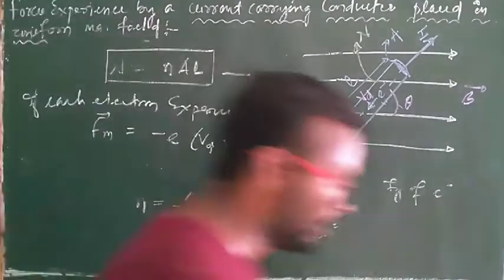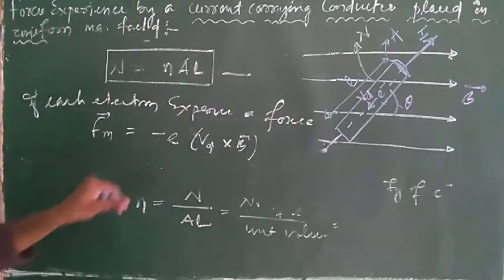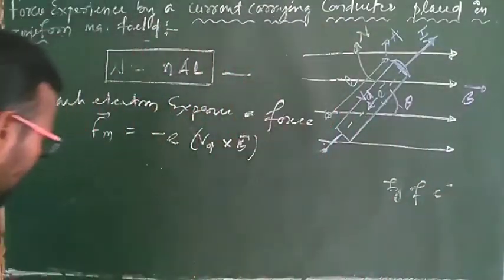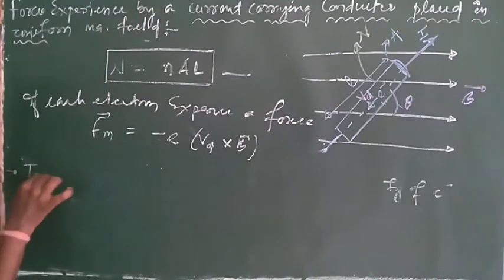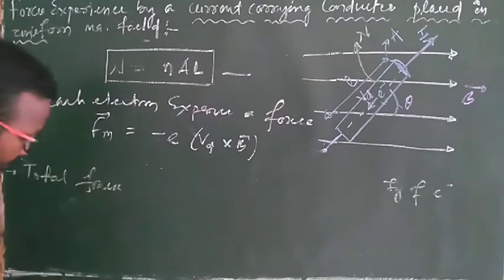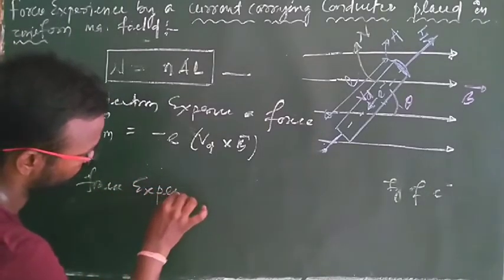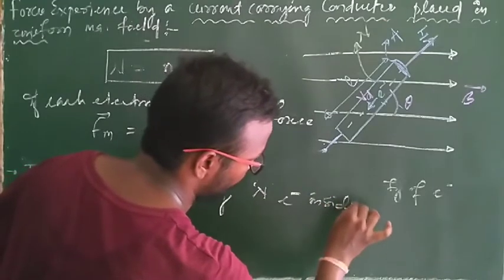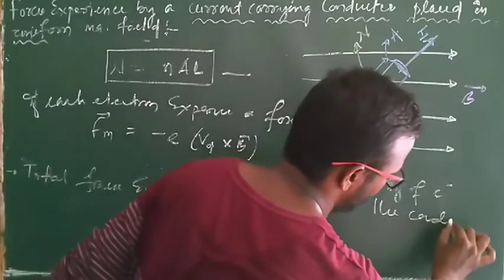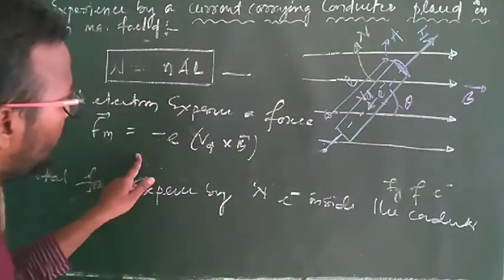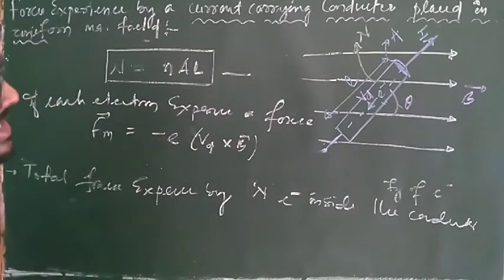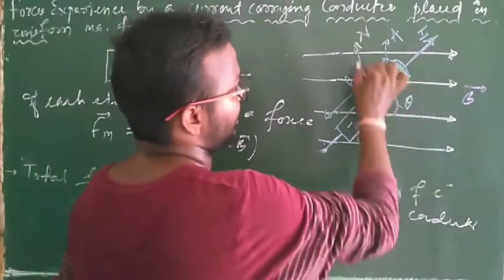That means each electron inside the conductor experiences a magnetic force Fm equal to minus e Vd into B. So if the conductor consists of N number of electrons, the total force experienced by an electron inside the conductor, because Fm is the force experienced by one electron, we have to find the total force experienced by all the electrons, because the conductor consists of N number of electrons.